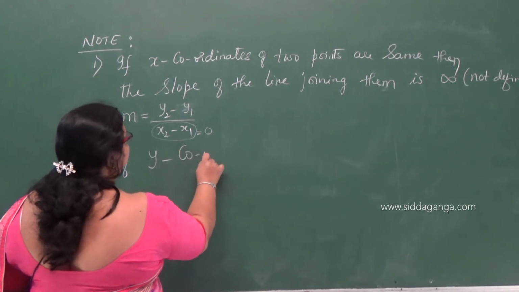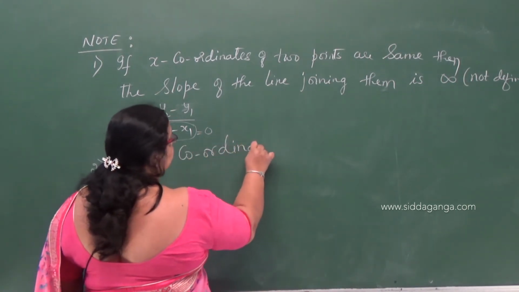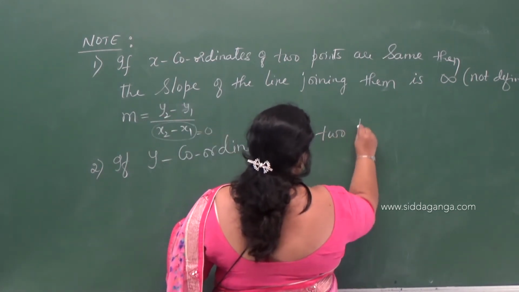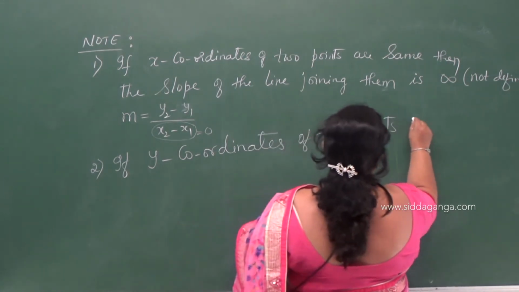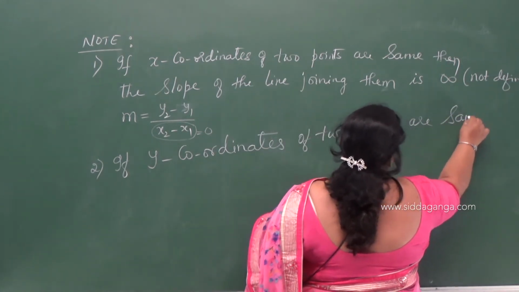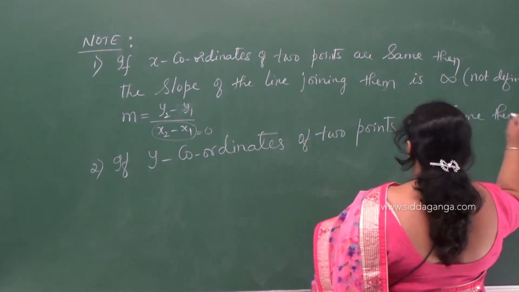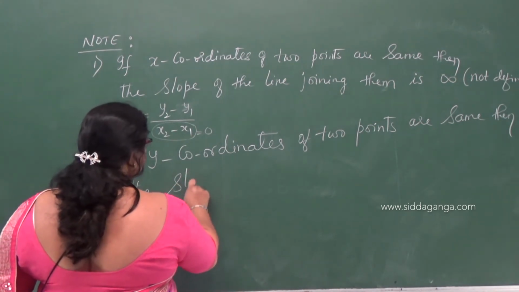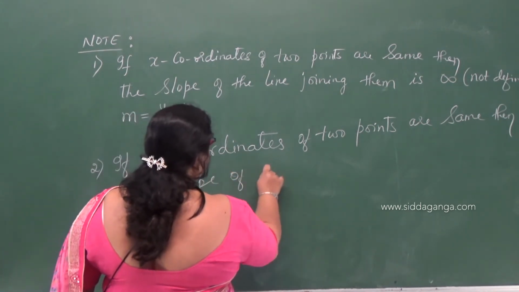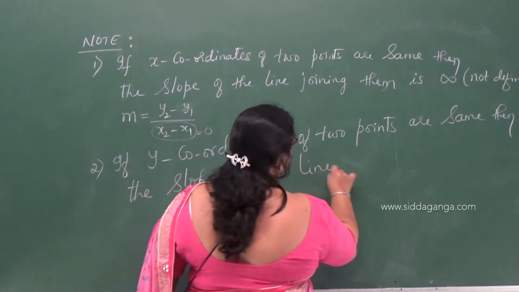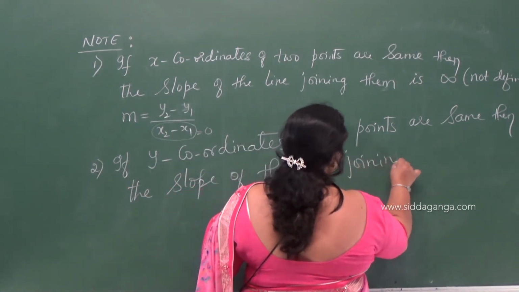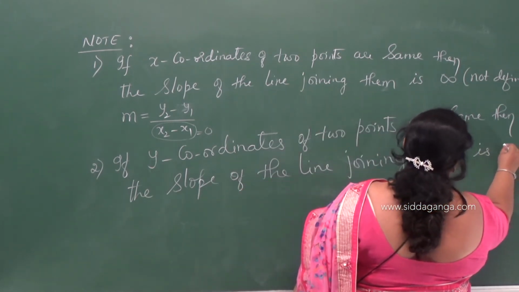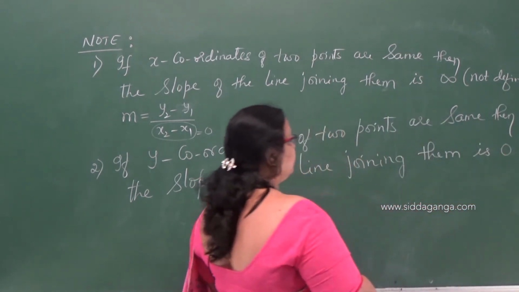Similarly, if the y coordinates of 2 points are same, then the slope of the line joining them is 0.